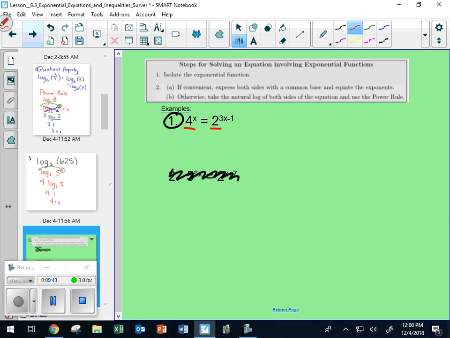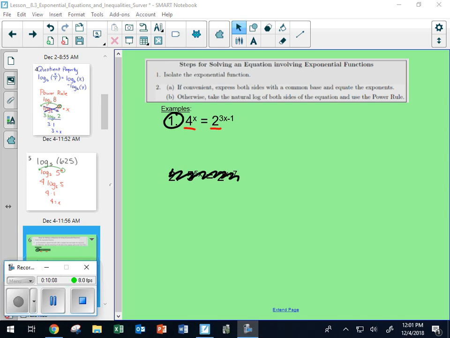Could we get one of those to become the other? You probably could. So right now, take a few moments, get them to be the same base, and then try and solve for x.